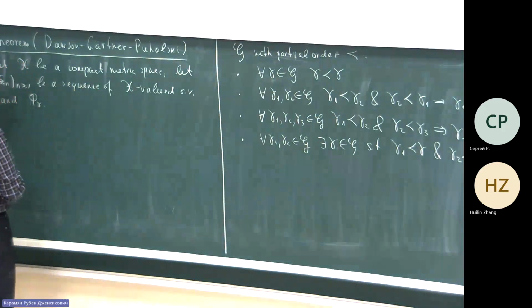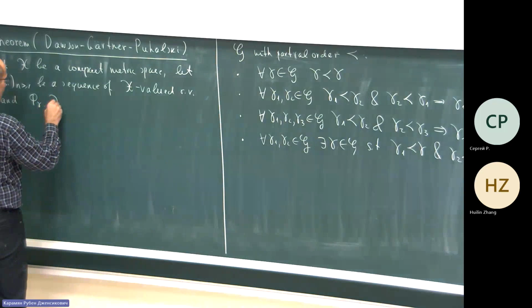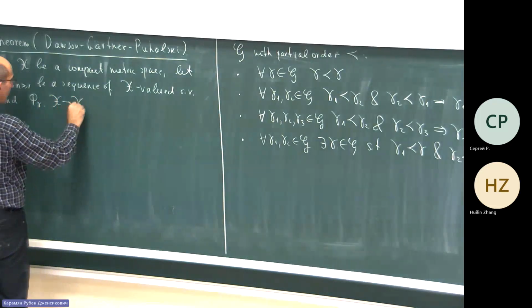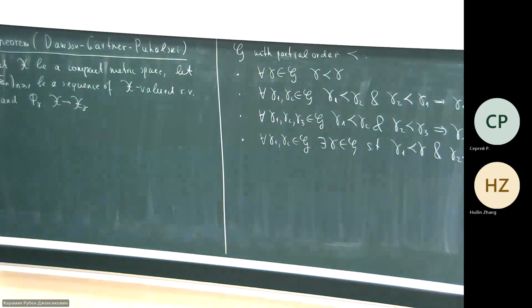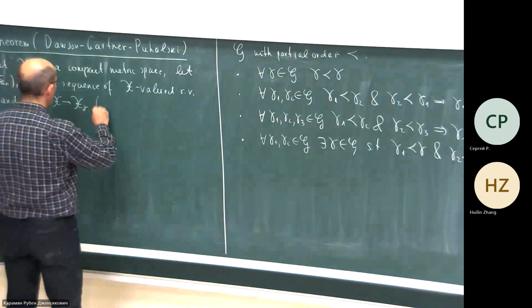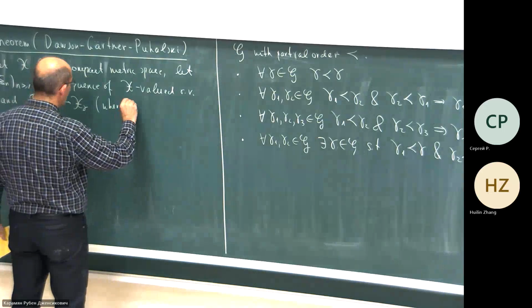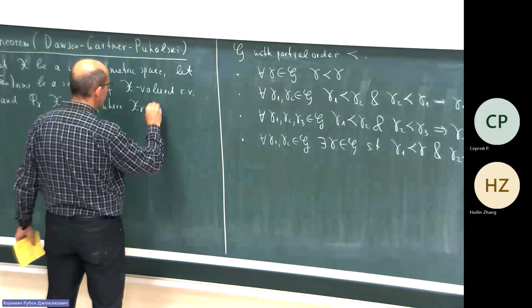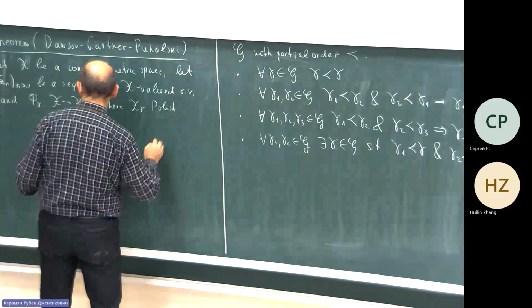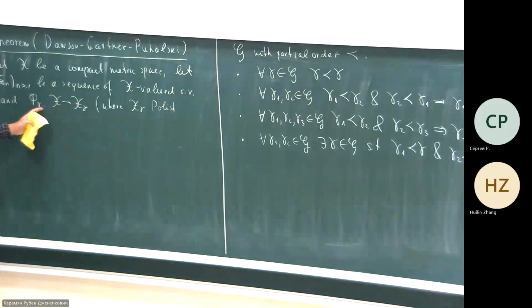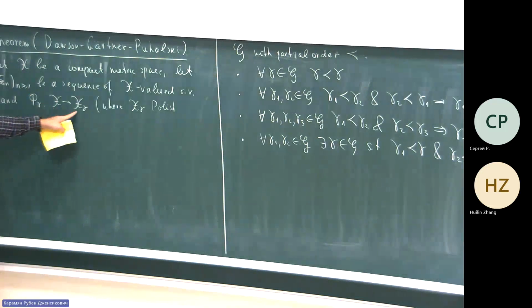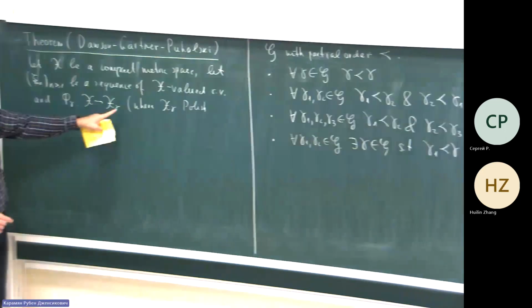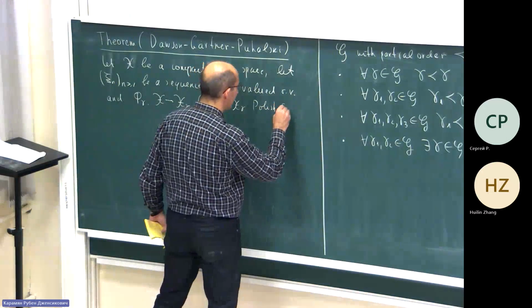So we have a sequence of X-valued random variables and continuous functions phi gamma from X to X gamma, where X gamma is a metric space, a Polish space. In fact, we can assume that it is compact, because the image of X by phi gamma is contained in X gamma, and X is compact, so we can always assume that X gamma is compact.